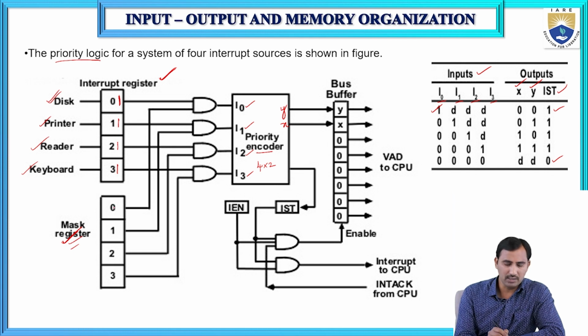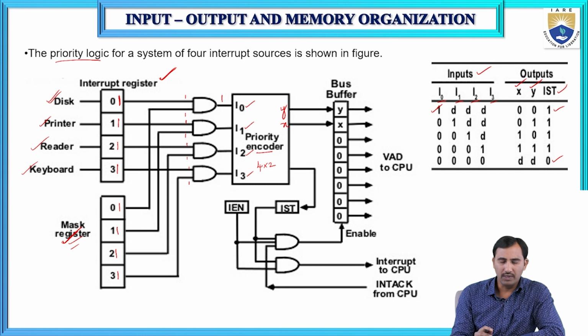Suppose the mask register is 1111, then what will be the output of the AND gate? Since both inputs are logic 1, we will get logic 1 as the output of the AND gate. The output of an AND gate is 1 only when both inputs are logic 1.